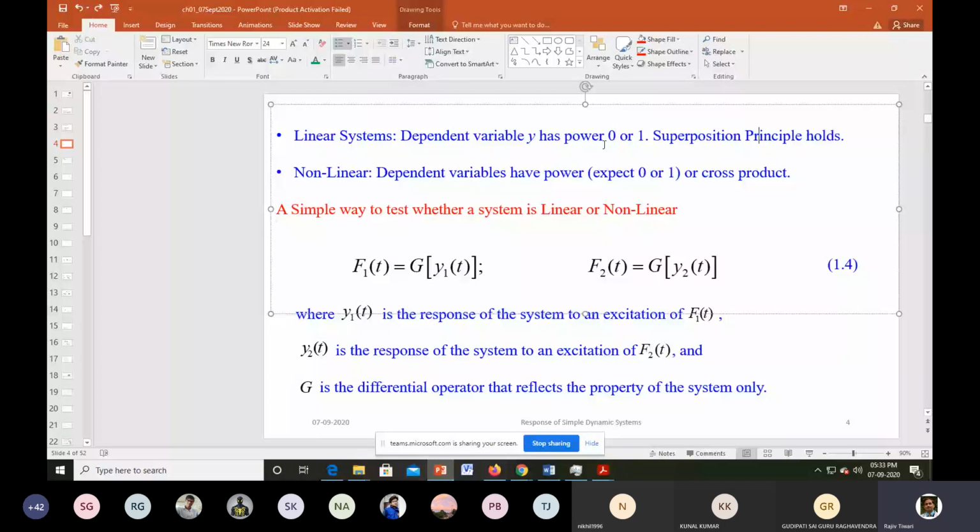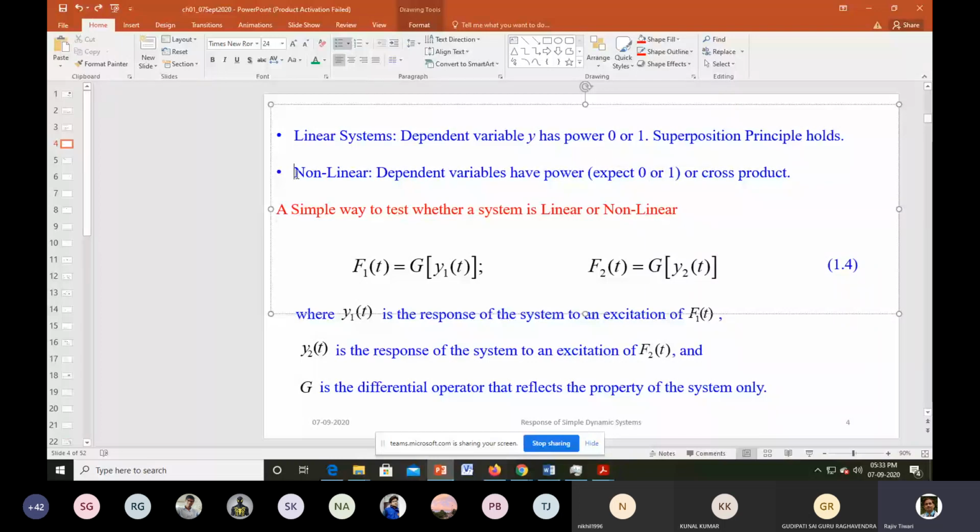Then in a nonlinear system, the dependent variable y can have any power apart from this. Like it can have a y square term or y cube, or y raised to 1.1, or if there are more dependent variables like y and x, then we can have a product of them. That is also a nonlinear system.